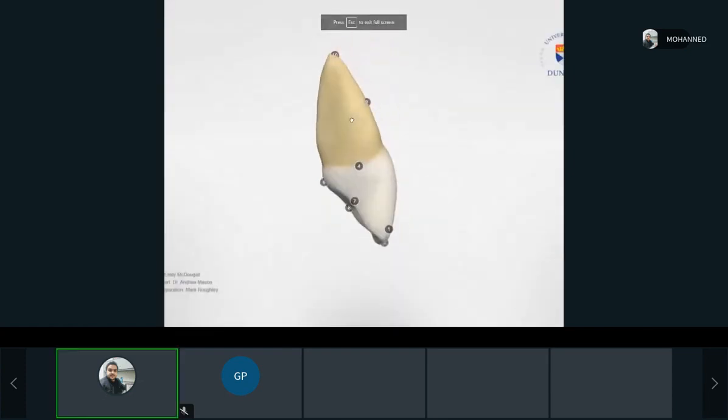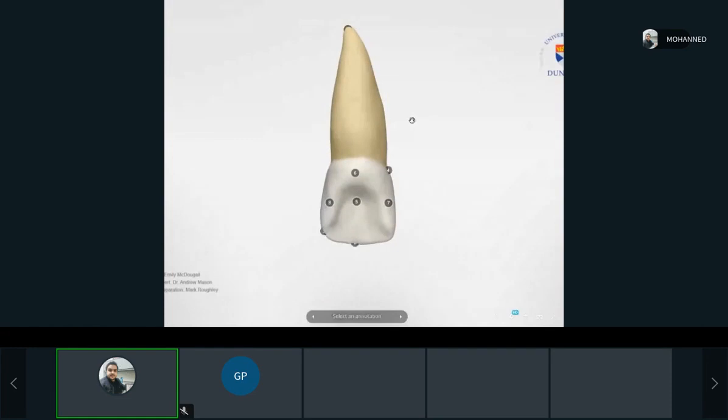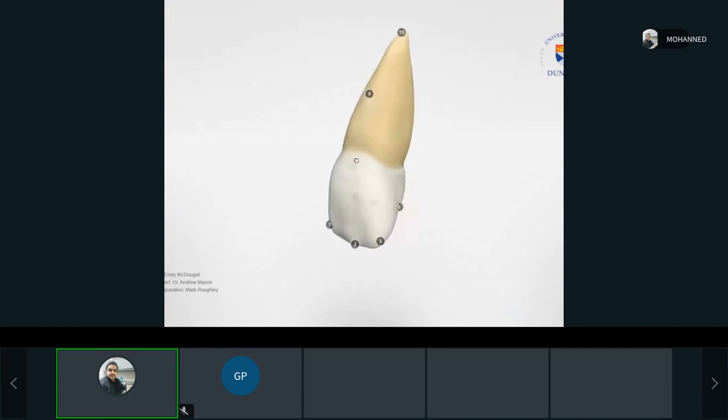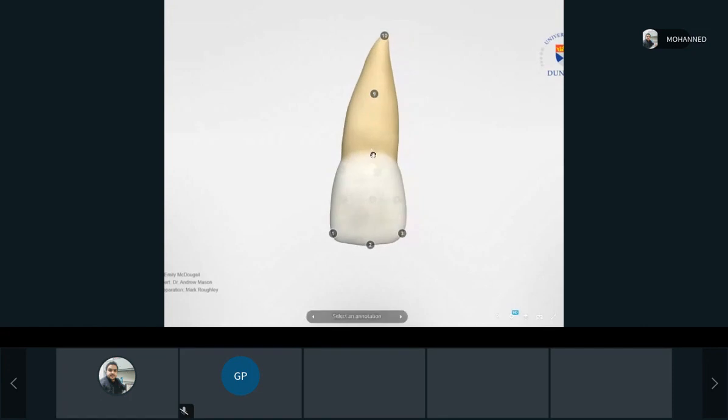In general, all of the incisors, whether they are mandibular or maxillary, you will have how many roots? One root, right? Do we have any cusps? No cusps, right? One of the main features that we also can find are the mammillons, and that's mainly on incisors, not canines.